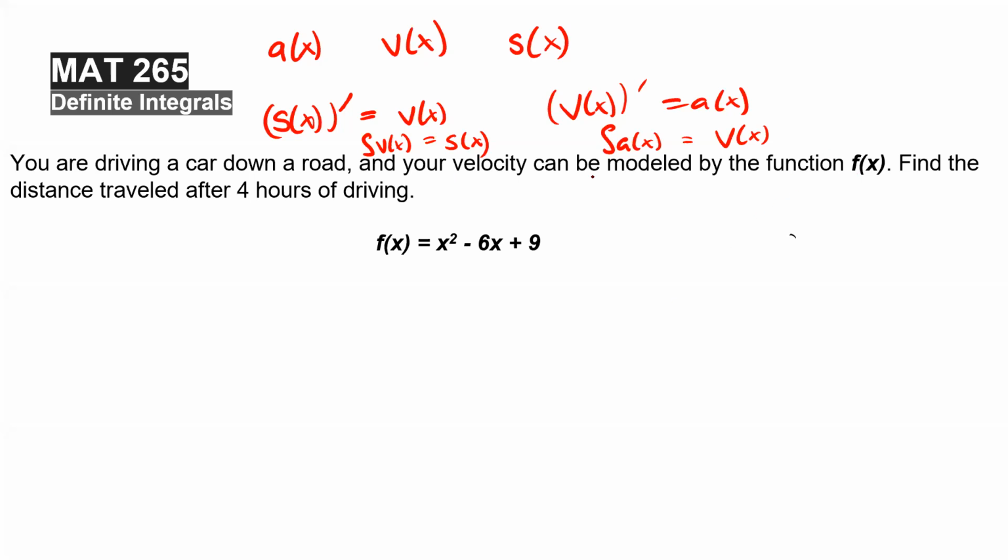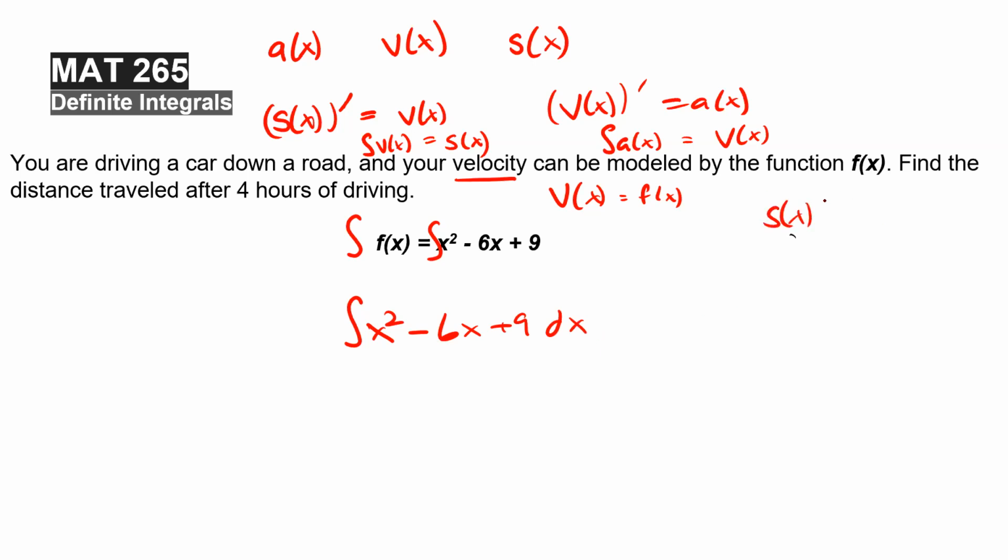So if this function is for velocity, where v of x equals f of x, to get the distance traveled we just take the integral of f of x, the integral of x squared minus 6x plus 9. That will give us an s of x function.